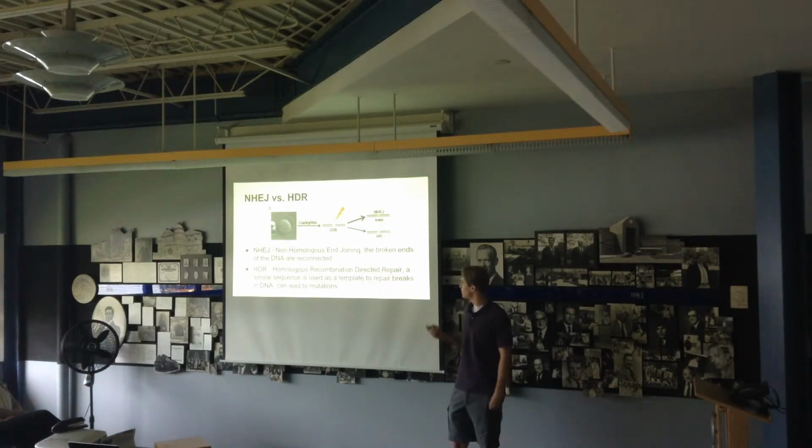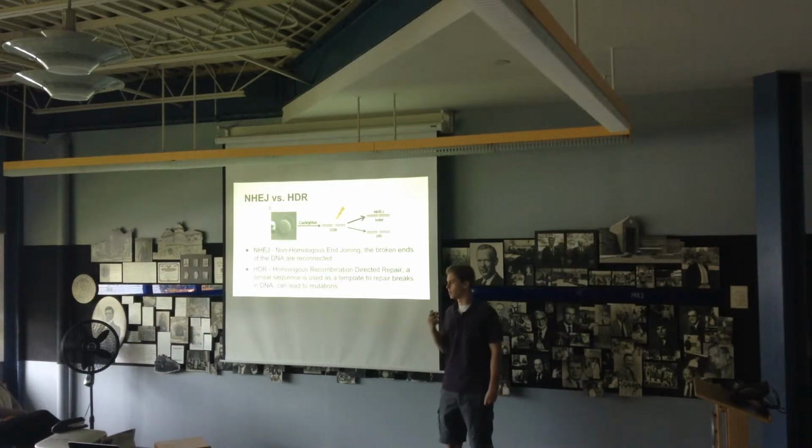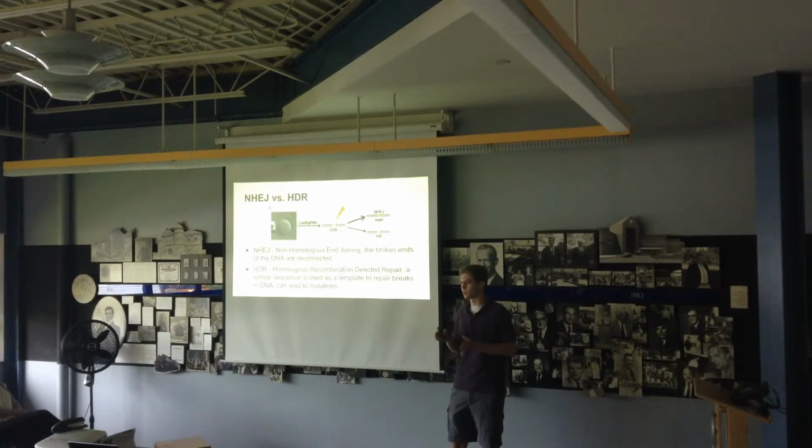So basically, when the researchers are trying to introduce a specific, either a new sequence, a new gene, something like that, what they do is they inject the cell with an extra copy of the gene, of the cut gene, with that mutation already in it. And so that way the cell will use HDR to repair the cut using that extra copy of the gene as a template, and so the copy now in the genome will have the same mutations as the template. All right, does everyone understand this CRISPR-Cas9 homologous recombination stuff?